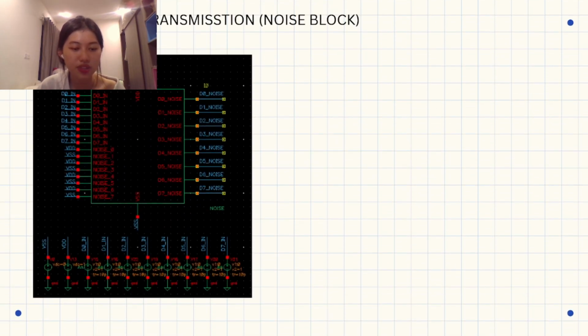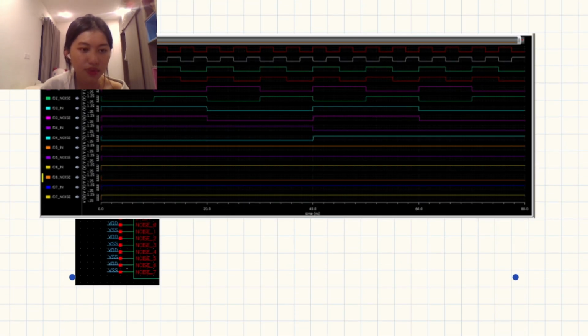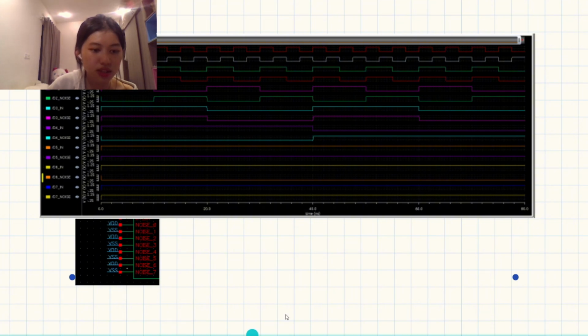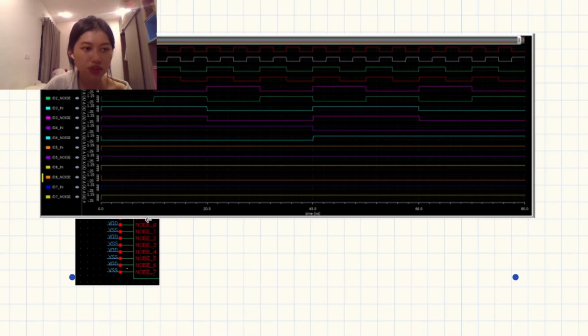And here is the packaging of this. And this is a waveform I just assembled. You can see in here the noise is VDD, so it equals 1, so it's always 1 and the bit will be flipped.